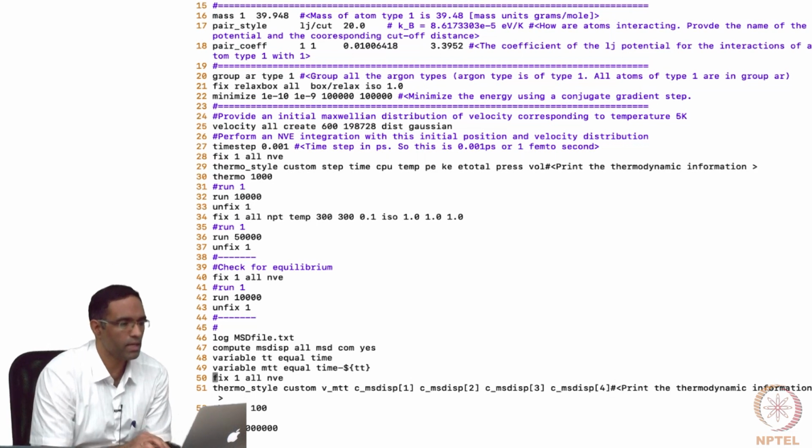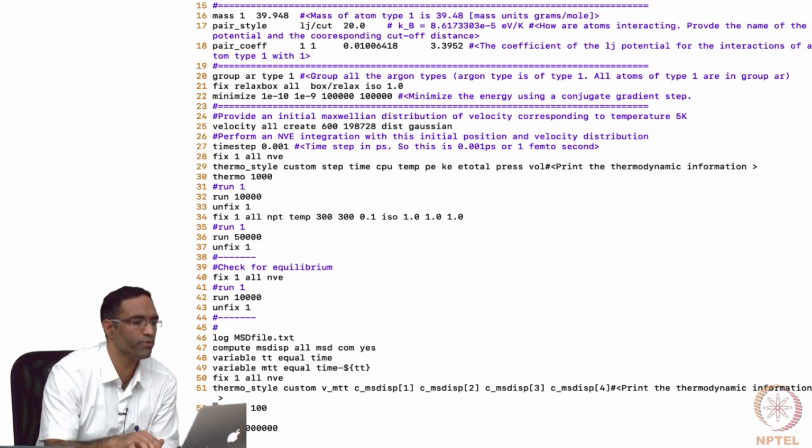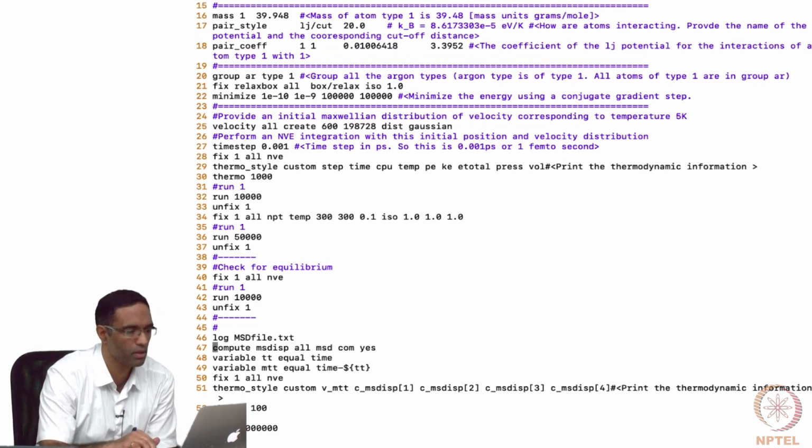Okay, and the only difference that I have made is, after relaxing the system completely, say fix 1 all NVE, run 10,000 was the last NVE, and after that we did another NVE fix in order to compute the radial distribution function. But now I am going to compute the mean square displacement.